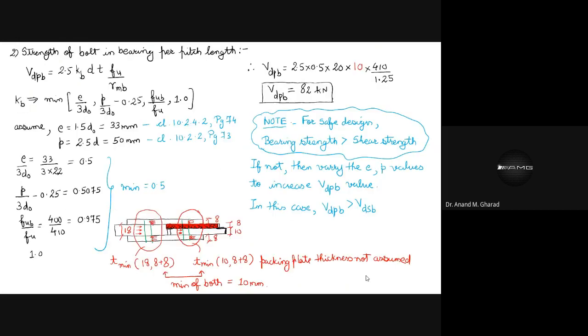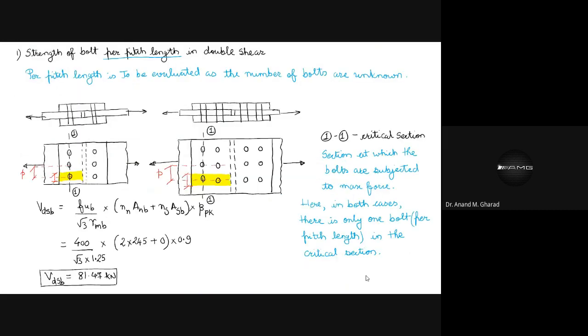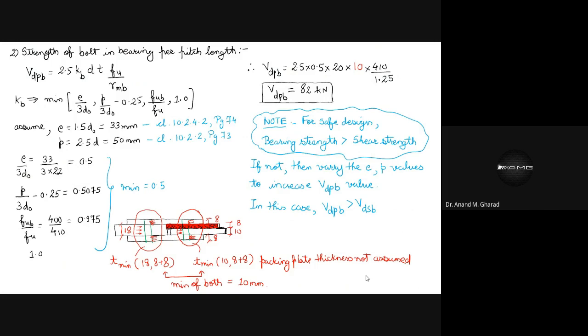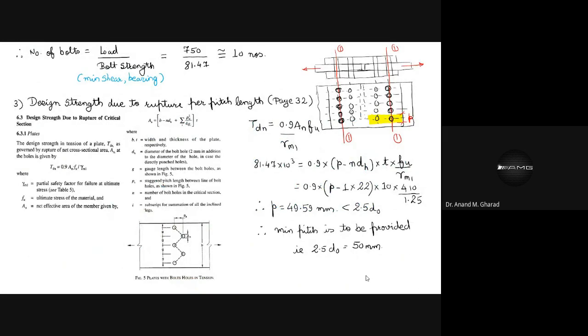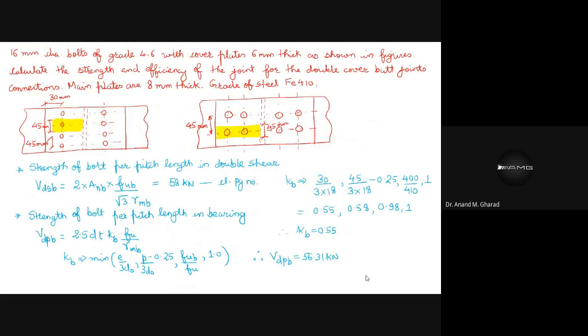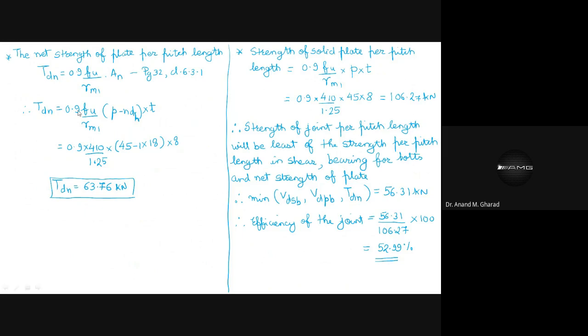Right now, what we have considered is we have found out the strength of the bolt in shearing and bearing, and based on that, we have calculated the number of bolts. Then we have seen this efficiency concept, and when efficiency comes into picture, in addition to the strength of the bolt, we also are supposed to check the capacity of the plate, right? Because of which we have checked the net strength of the plate as well as the total strength, or the gross strength of the plate.